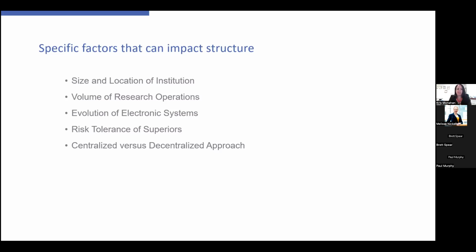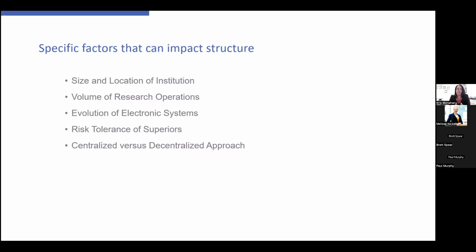And some smaller institutions, and I'll say even some larger, are moving away from the decentralized. You could have more centralized, where there's one place that people come to, that they get consistent reporting. It's central. At many institutions, as they're beginning to grow or evolve with sponsored programs, they start with some kind of centralized setup, whether it's a person that sits centrally and begins coordinating activities until things grow.